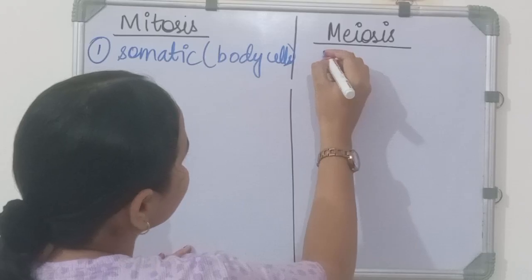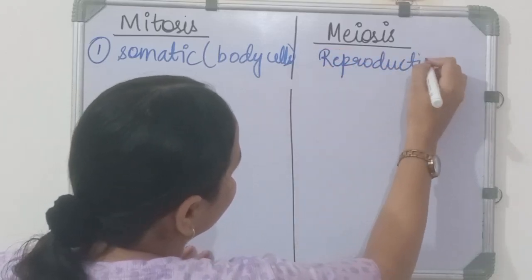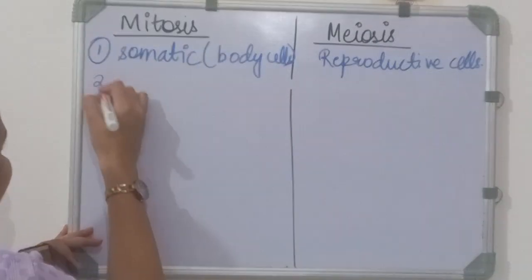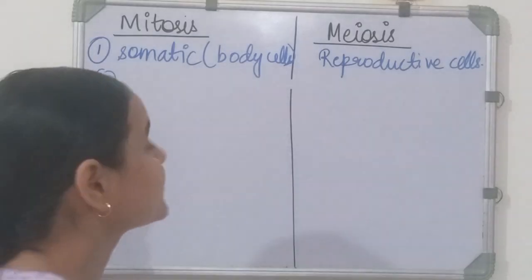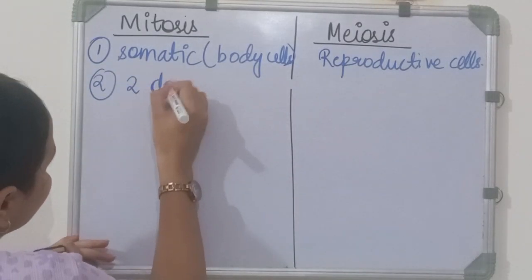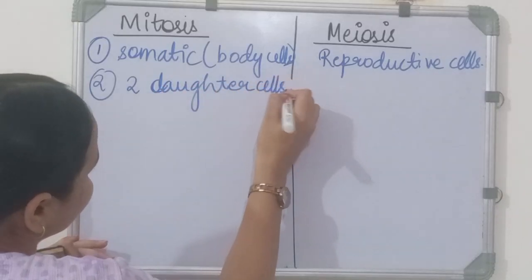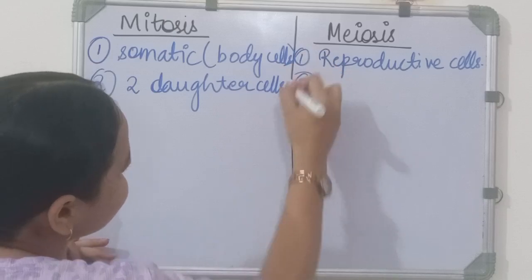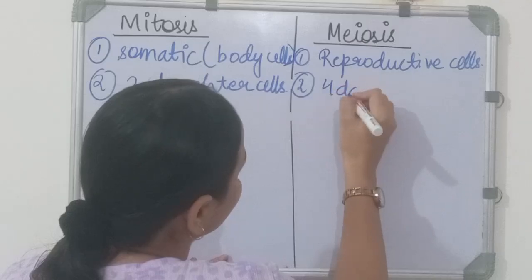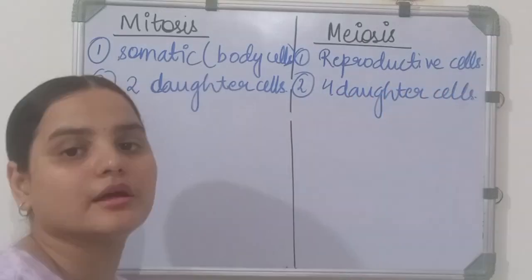Now the second difference is that in mitosis two daughter cells are formed, whereas in meiosis four daughter cells are formed.